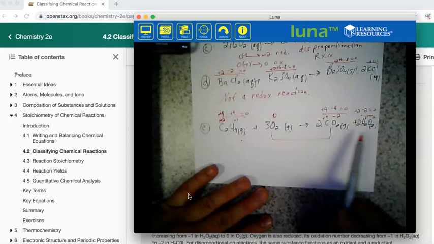That's our favorite conversion factor, Avogadro's number. So you can always convert to atoms or molecules from moles.